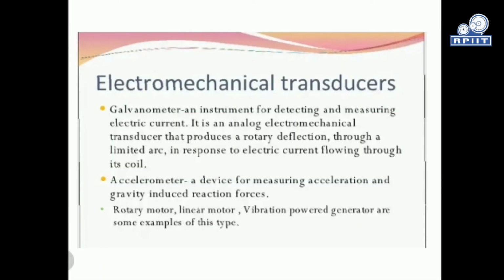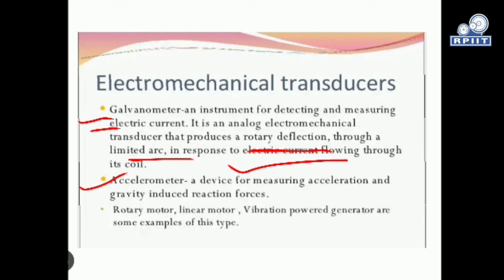Next is the electromechanical transducer. Here we take examples like the galvanometer and the accelerometer. A galvanometer is an instrument for detecting and measuring electric current. It is basically a detector, and it is always put in the Wheatstone bridge at the cross arm. It is an analog electromechanical transducer that produces a rotary deflection through a limited arc in response to electric current flowing through the coil.